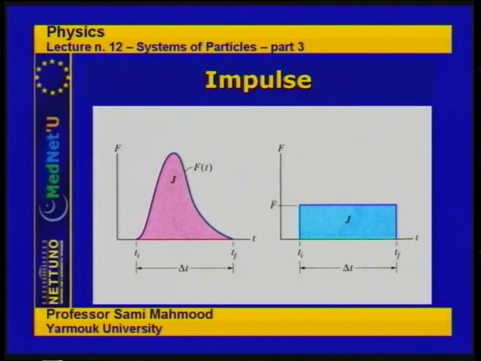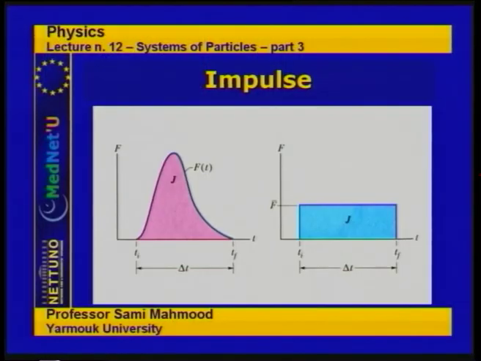That impulse, we will come to define in a more rigorous form a little bit later, but all that we need to know for the time being is that the impulse is the area under the curve.